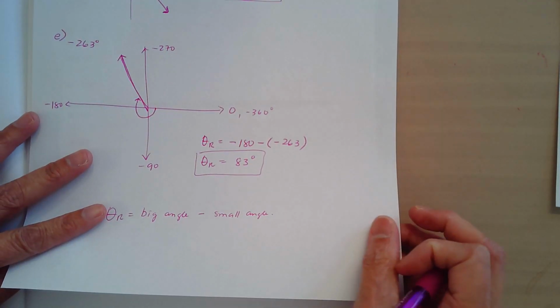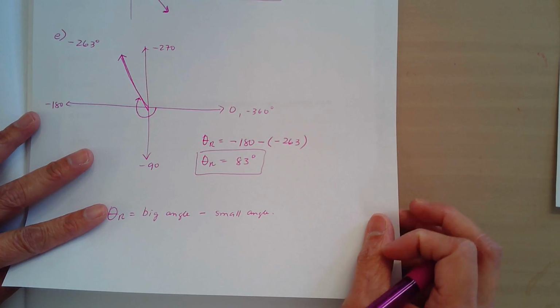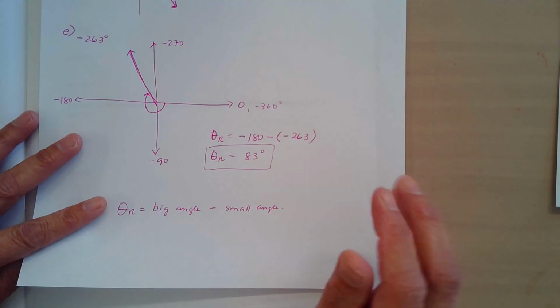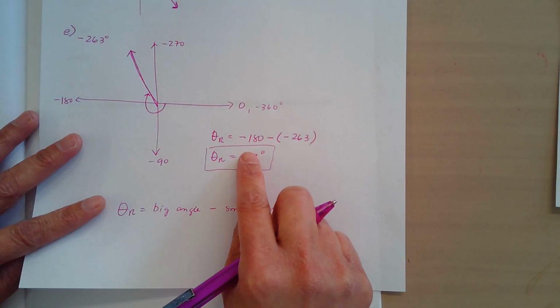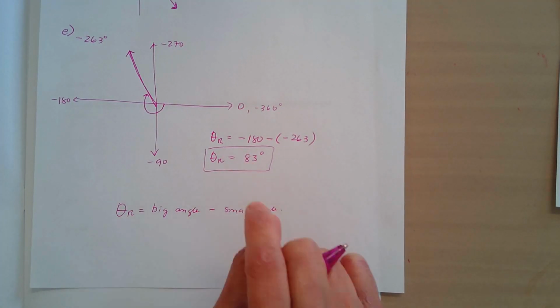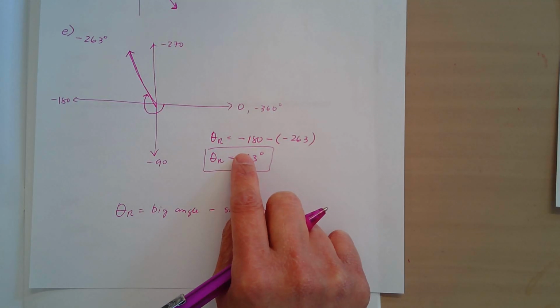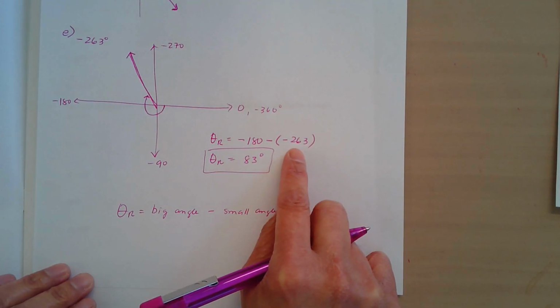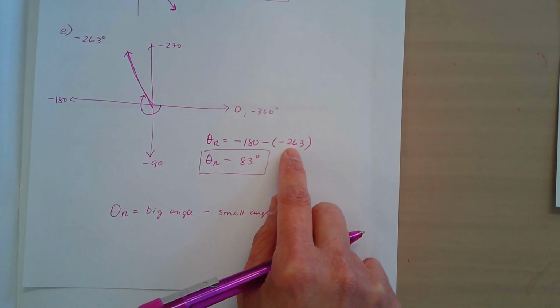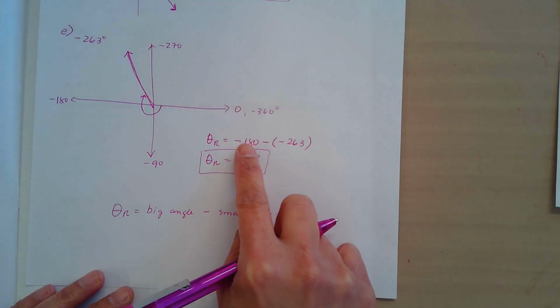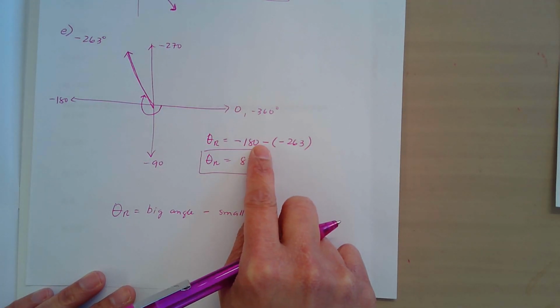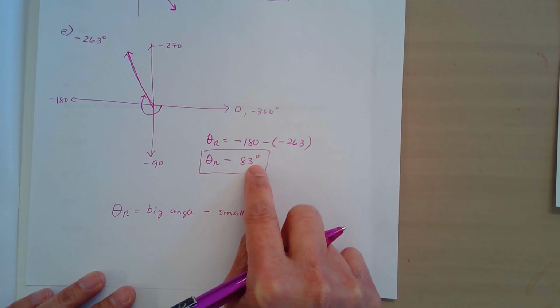Negative 180 or negative 263? Which one's the big angle? Negative 180, right? Because negative 263 is lower than negative 180. So it's the big angle minus the smaller angle, which is 83.